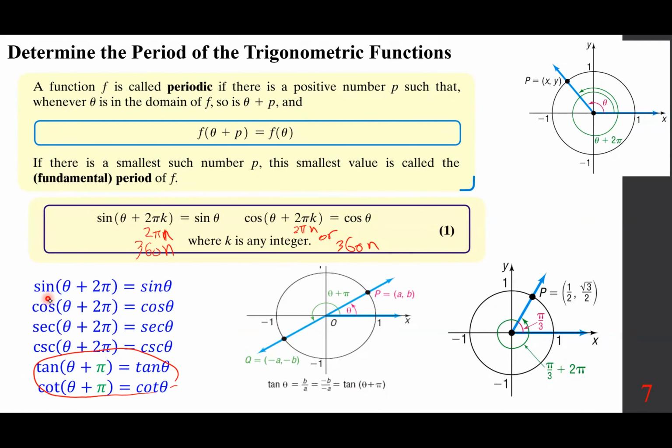So a quick recap of a periodic function. For all trigonometric functions, the period is 2 pi except tangent, and with that goes cotangent.